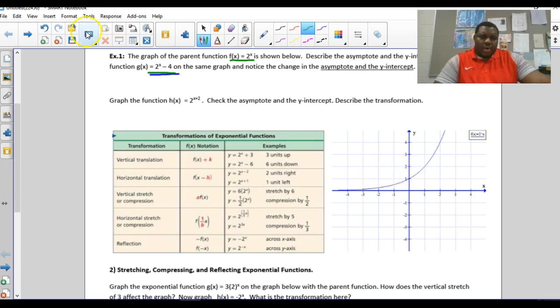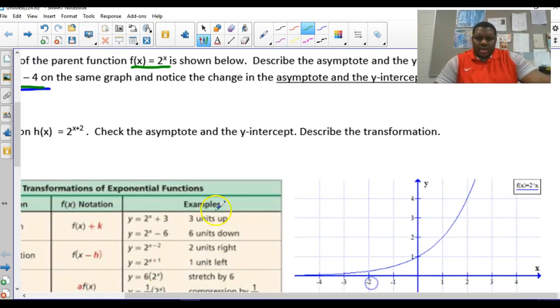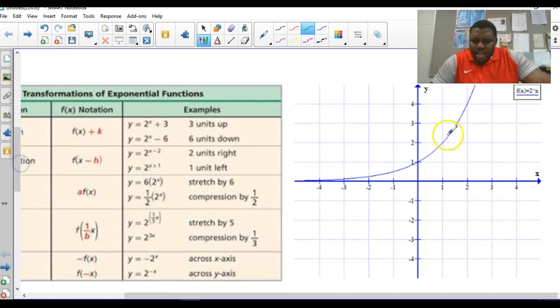A couple different ways to look at this: I'm going to identify the points that we can actually see. The intersections that I can clearly identify: that point right there is (0, 1). This point is (1, 2).